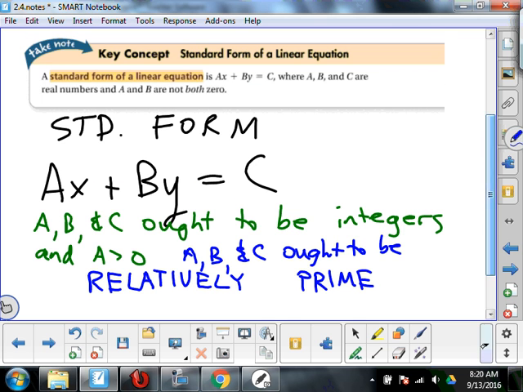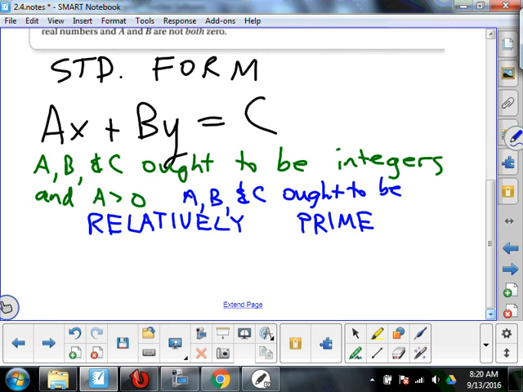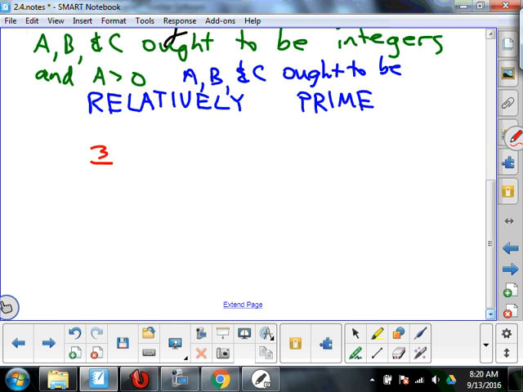So if we had something like this, 3/5 x plus 4y equals 6. Suppose we had something like that. Does that meet my criteria to be in standard form? I heard somebody say yes. Does it? Well, I say A, B, and C ought to be relatively prime, but A, B, and C also ought to be integers.